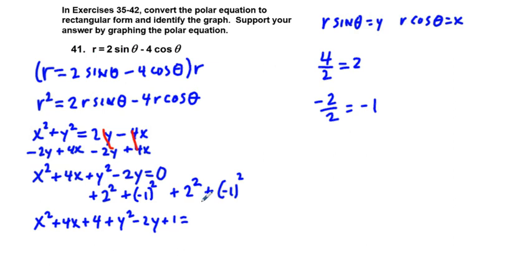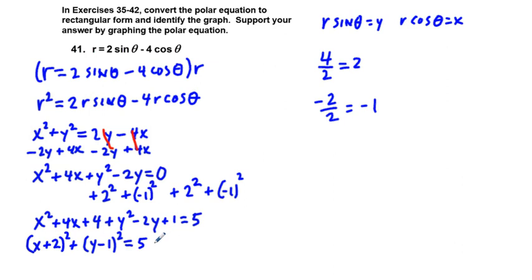And that's going to be equal to 2 squared plus negative 1 squared, which is 5. So what that leaves us with is the two perfect squares. We have quantity x plus 2 squared, plus quantity y minus 1 squared, and that's going to be equal to 5.